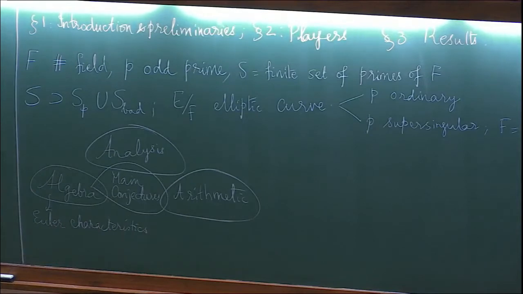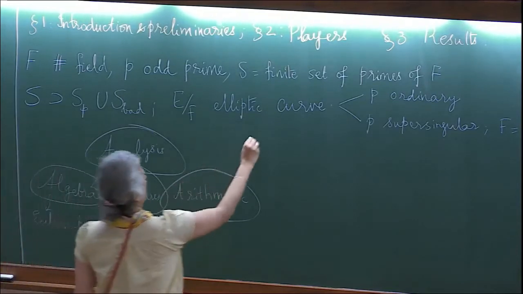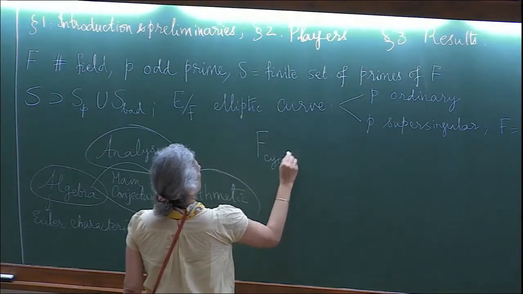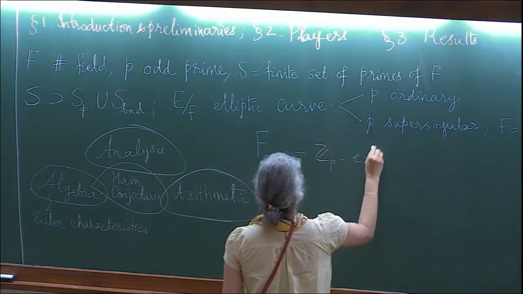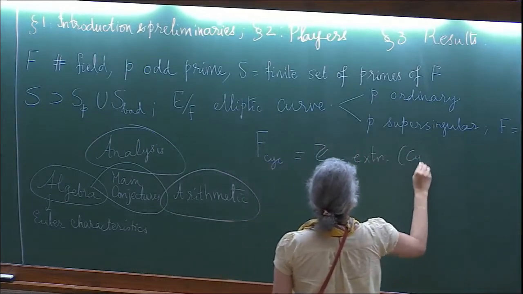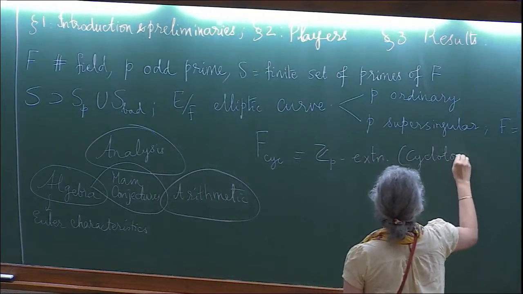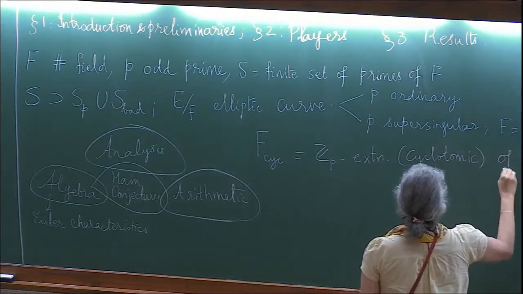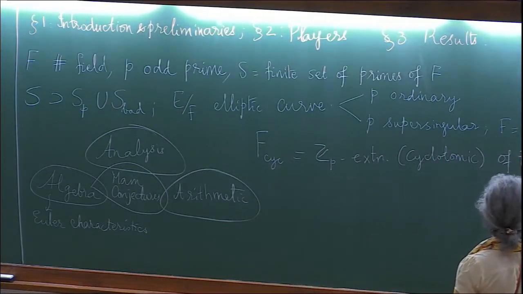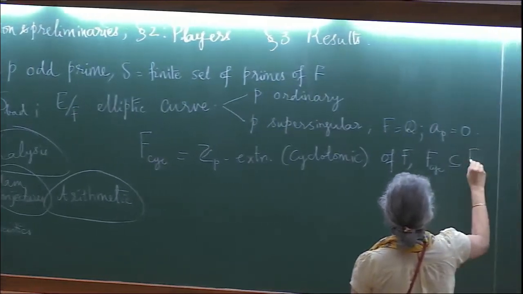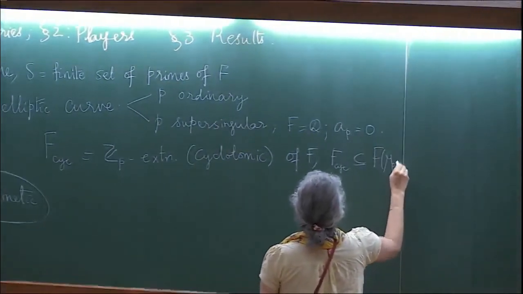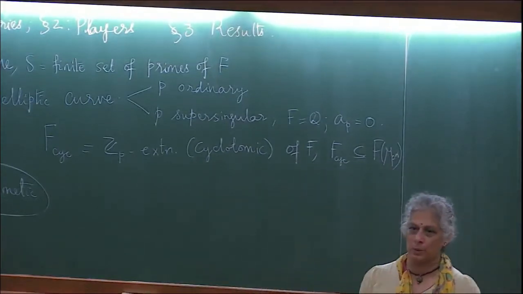So here's the situation. I have Q, I have F, and then I have F cyclotomic. This is the cyclotomic Z_p extension of F. It is the unique Z_p extension contained inside the extension obtained by attaching all the p-power roots of unity.